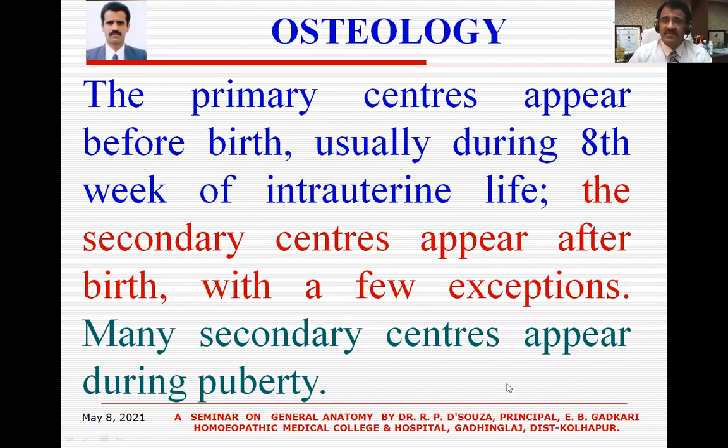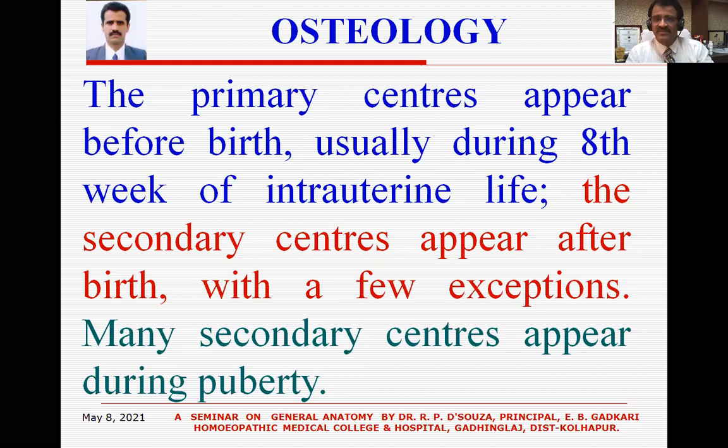The primary center appears before birth, in intrauterine life, usually during the 8th week, which means at the end of the second month, most of the primary centers appear. The secondary centers appear after birth, with very few exceptions. Very few exceptions means just before birth, some centers appear.